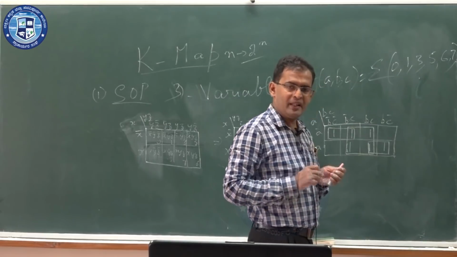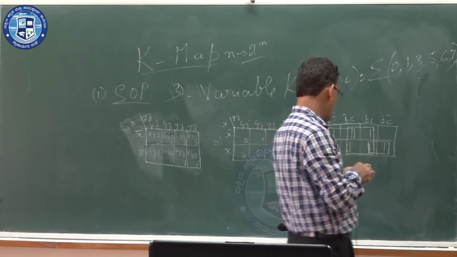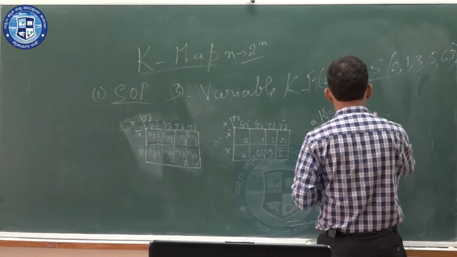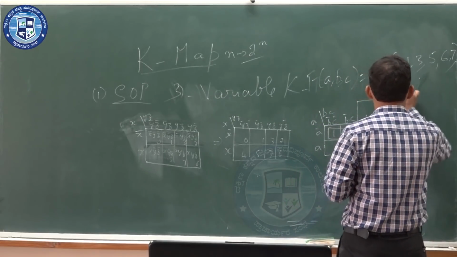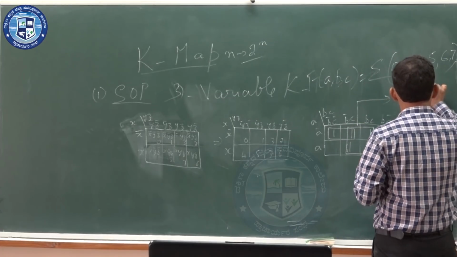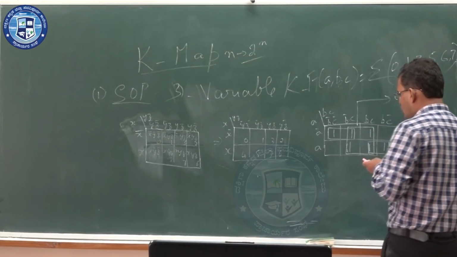So, I have 2 pairs and 1 quad, let me write it, 2 pairs and 1 quad. So, first let me go for quad 1, Q I will call it as quad 1.